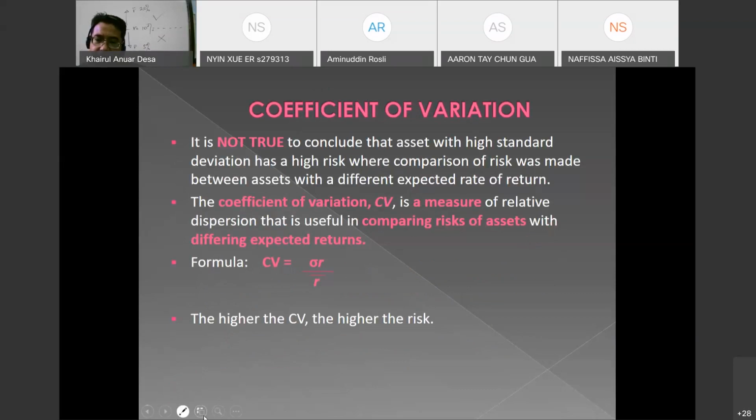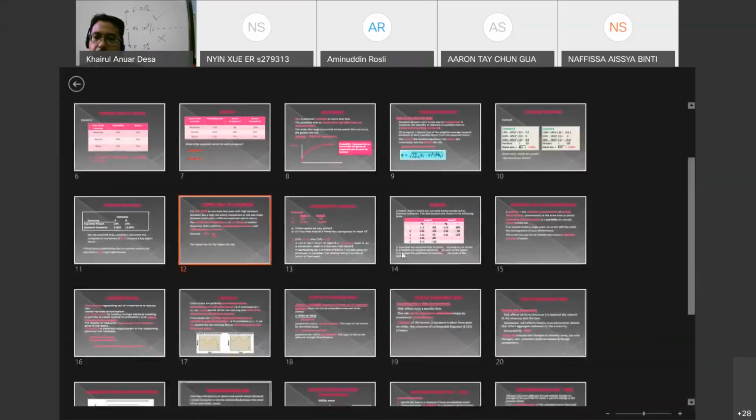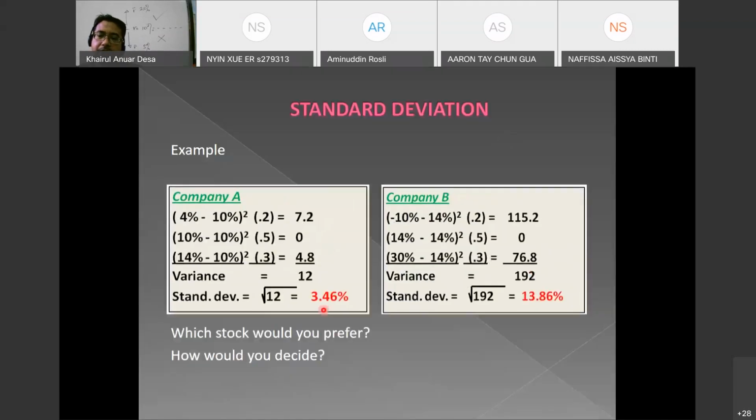If you notice here, these two companies have different expected rate of return. Dua syarikat ini mempunyai kadar pulangan dijangka yang berbeza. This company is 10% expected rate of return, and this company is 14% expected rate of return.